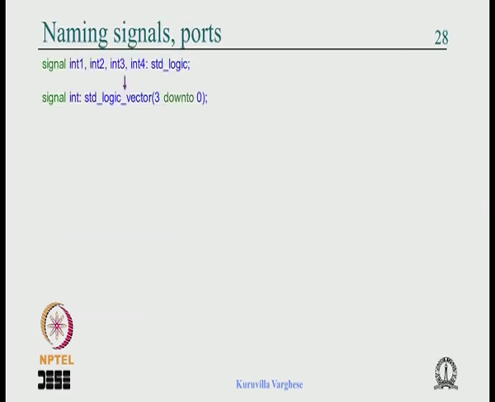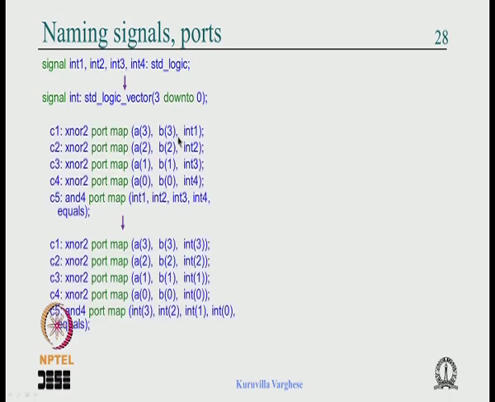And we have also seen, if you properly define the signal, you can get concise code. In this case we have defined the internal signal as a vector, which allows one to rewrite the earlier instantiation in a very symmetric way.